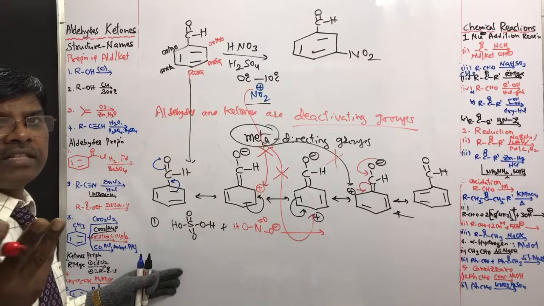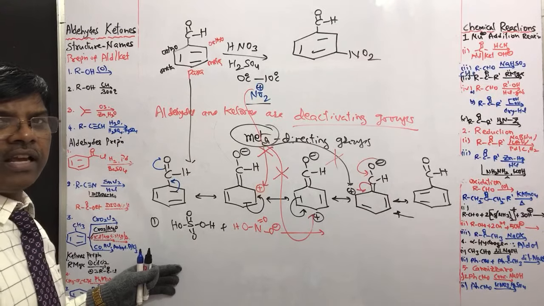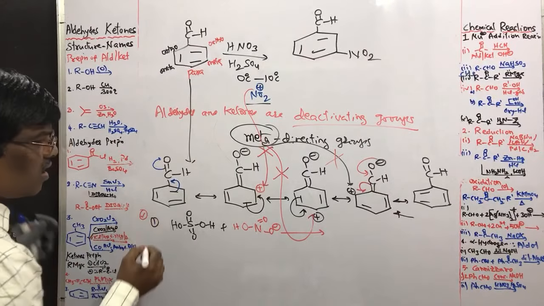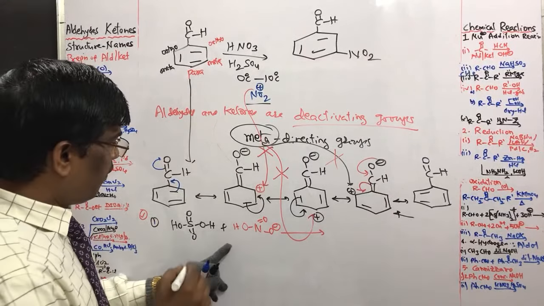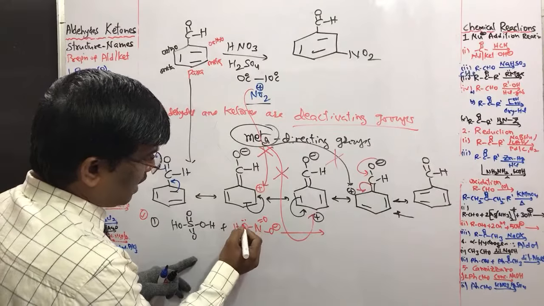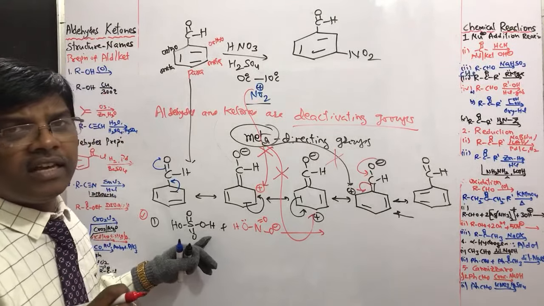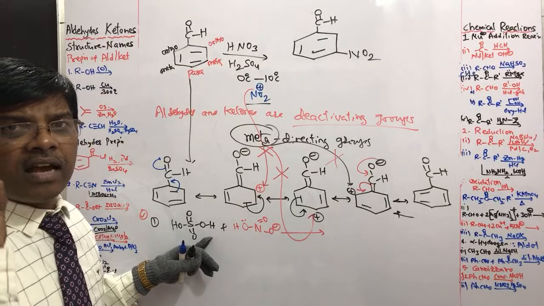In your previous class, you have learned electrophilic substitution reaction involves three steps. The first step is generation of electrophile, where HNO3 is going to act as base and sulfuric acid is going to act as acid.